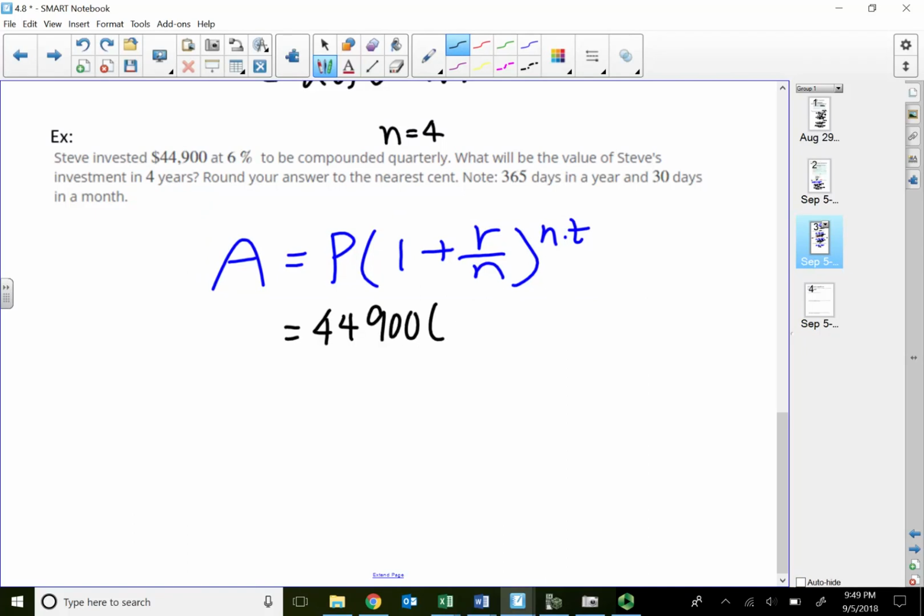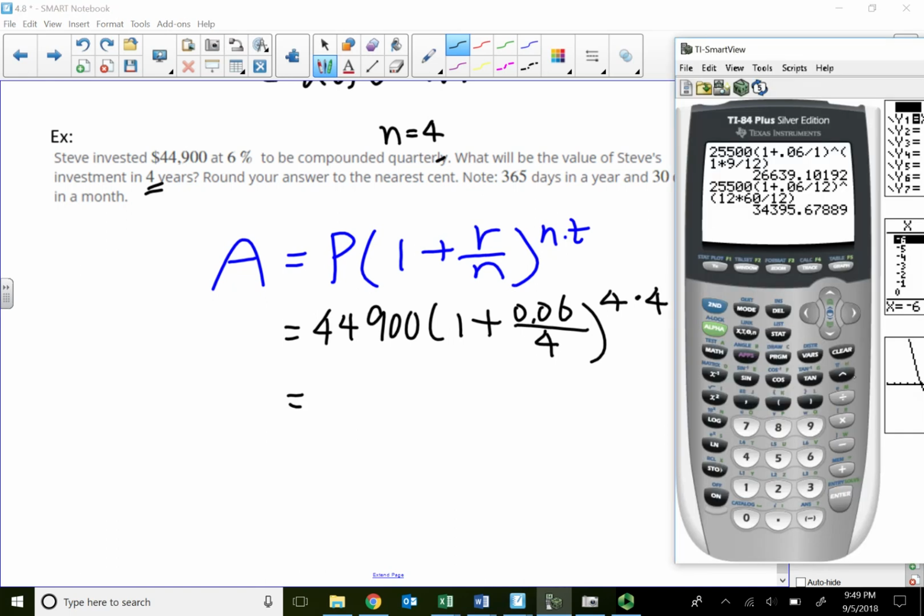44,900 times 1 plus 6% again, but this time compounded quarterly. Quarterly means my account will roll over 4 times in a year, so raised to the 4 times t power, which is another 4. 4 times 4 is 16, so the account will roll over 16 times total in this duration. 0.06 divided by 4, raised to the 16 power.